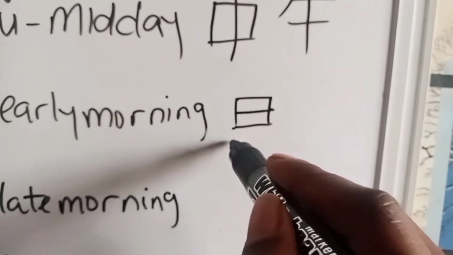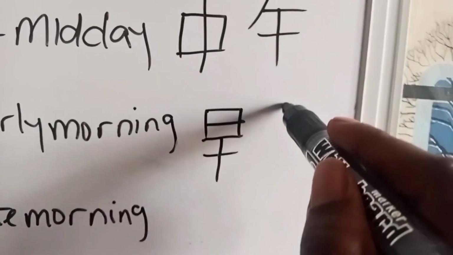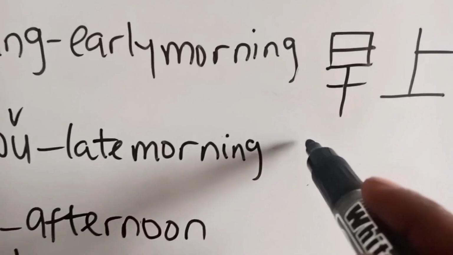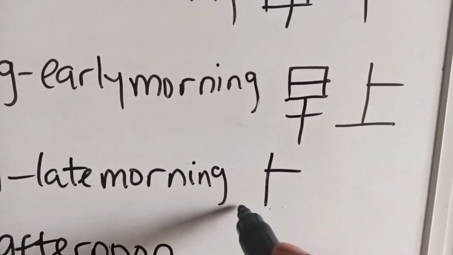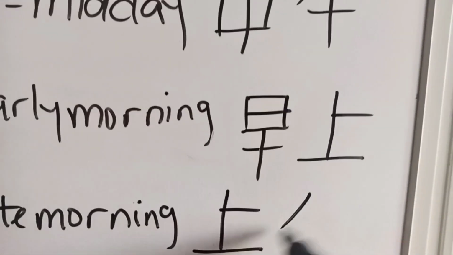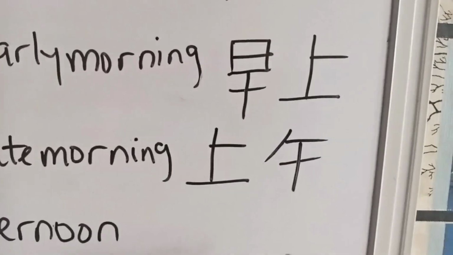You write 10 under it. Zhao. And this is Shang. Zhao Shang. Then Shang Wu. You write this Shang. Wu, you write this wu here. Shang wu. Remember, 10.